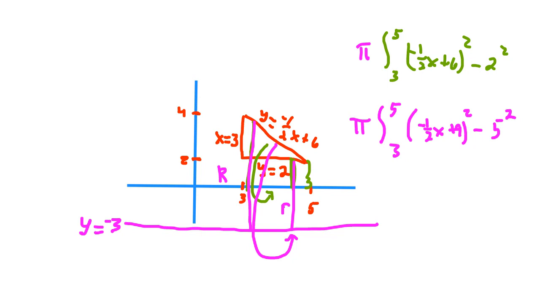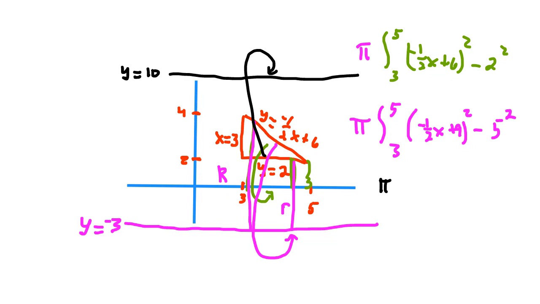What if I asked you to rotate that about the line y is equal to 10? Okay. So I'm taking this, I'm rotating it around this line now. So it's going to be pi, I'll start you off, 3 to 5.